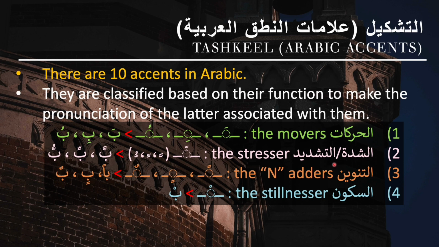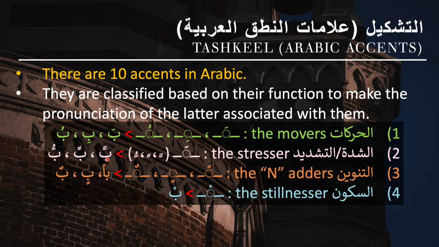The second group is At-Tashdid. At-Tashdid means stressing. Ash-Shadda is the shape that you see here. So Ash-Shadd means the stressor. When you have the stressor, it does not come alone. It always comes with another mover. So there is something called Ash-Shadda bi-Fatha, which means the stressor with Fatha, Ash-Shadda bi-Kasra, the stressor with Kasra, and Ash-Shadda bi-Dhamma, the stressor with Dhamma.